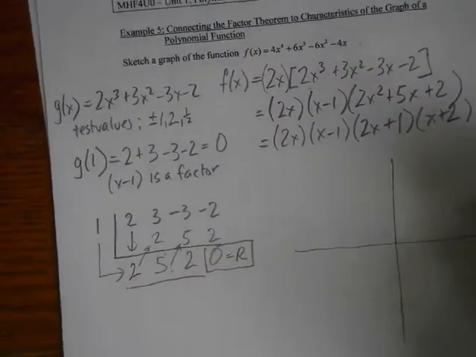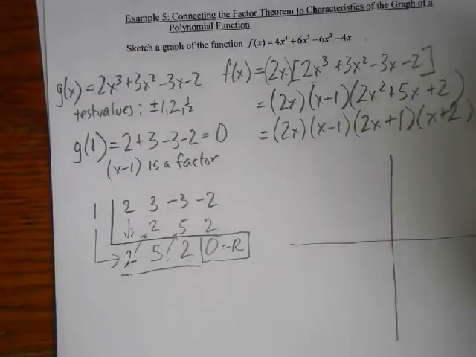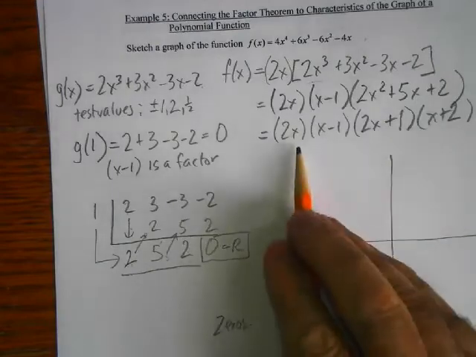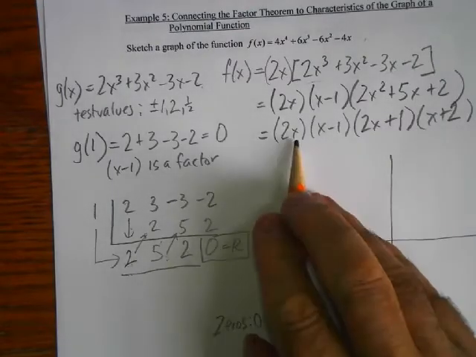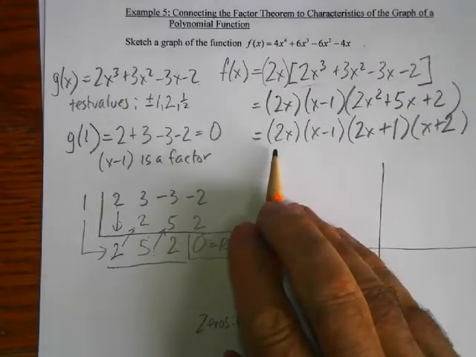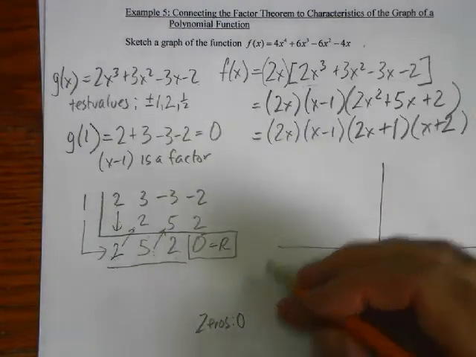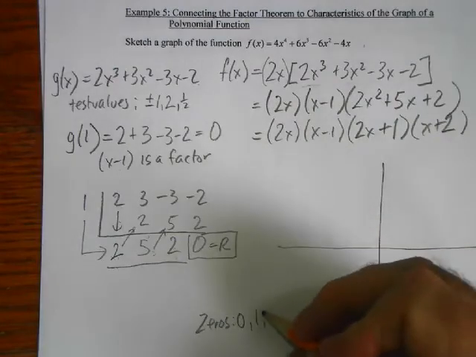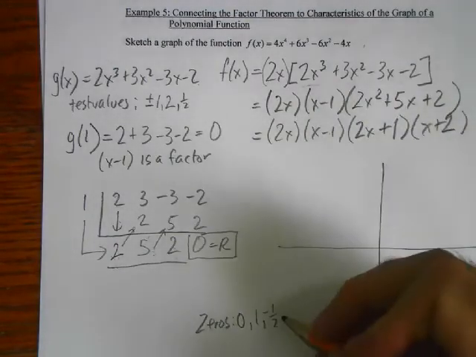Okay, so what does this tell me about the zeros? Maybe I'll just write them down here. I've got 0. Don't forget this one. Okay, that means there's a 0 at 0. At 1, this would be negative a half, and this would be negative 2.